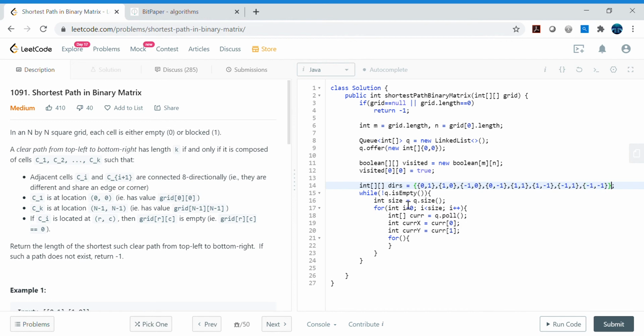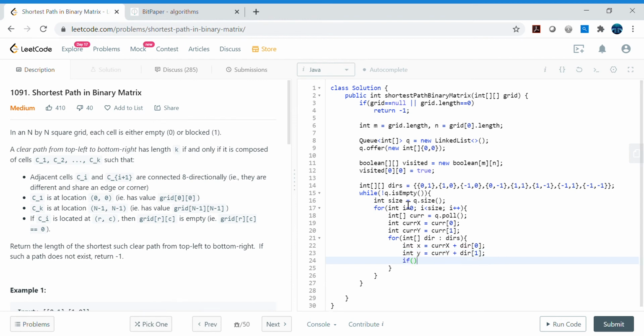Okay, so we took all these 8 directions. int x equals current x plus direction[0], int y equals current y plus direction[1].